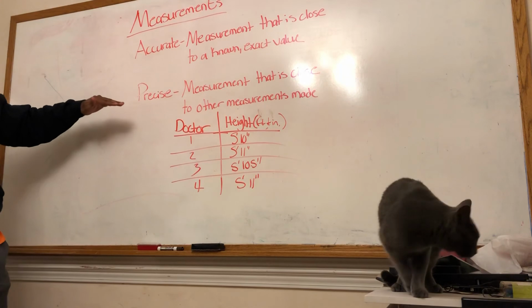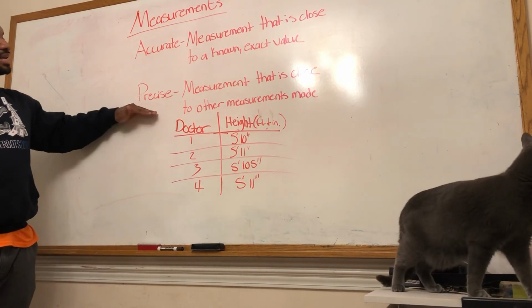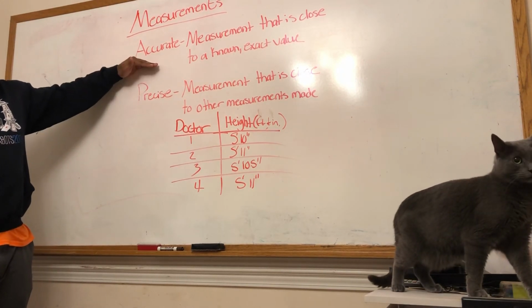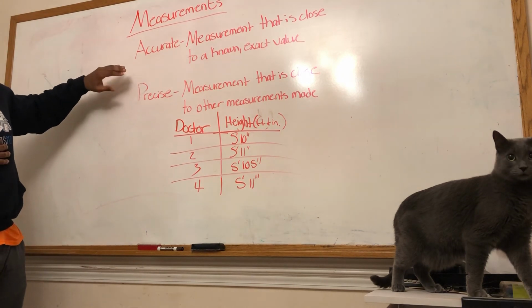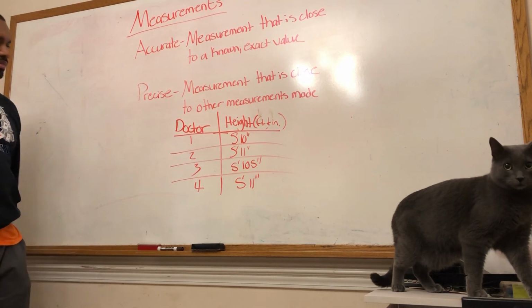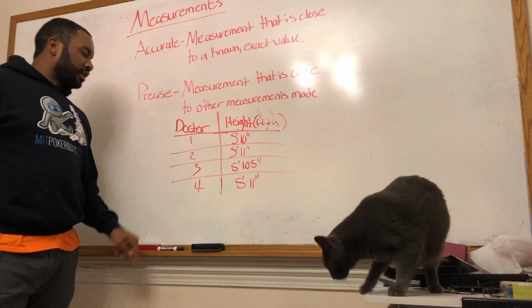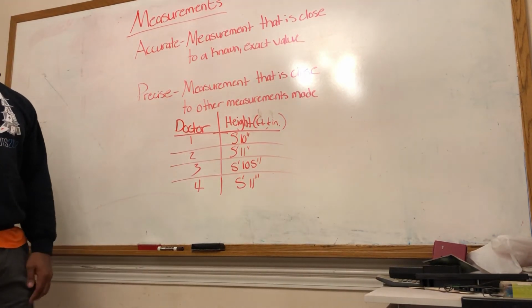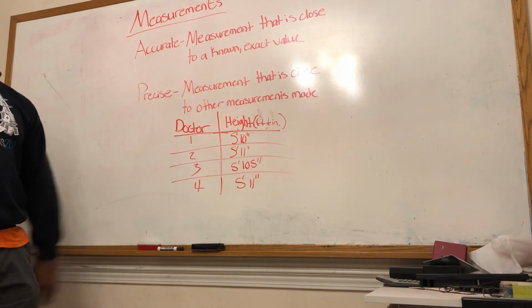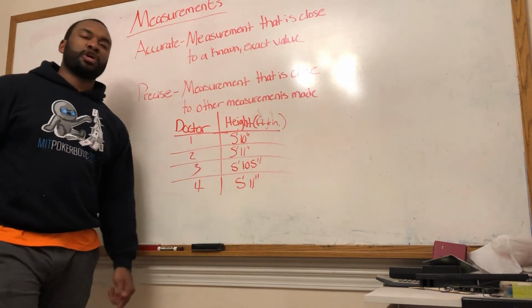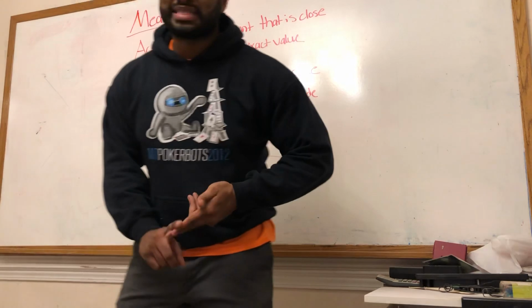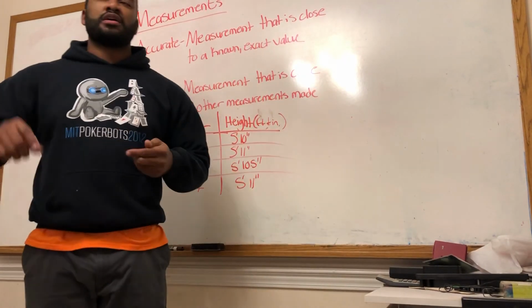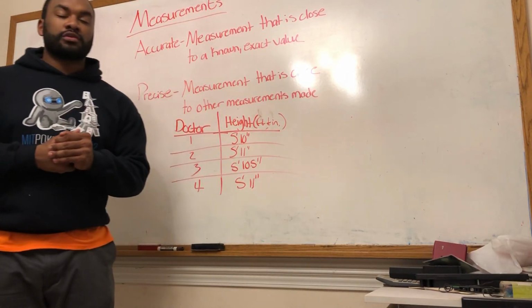Sometimes the measurements can be precise but not accurate, and this is where we get into trouble. So ideally, we want measurements to be accurate and precise. So if we were to change all these numbers up and say doctors 5, 6, 7, and 8, another 4 doctors would say 5'6", 5'7", 5'3", 5'2".